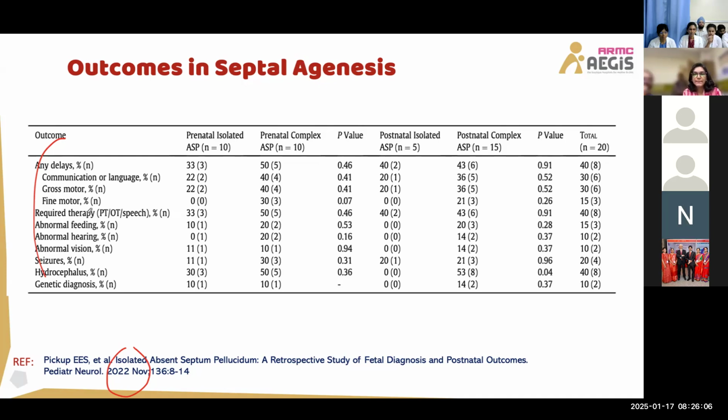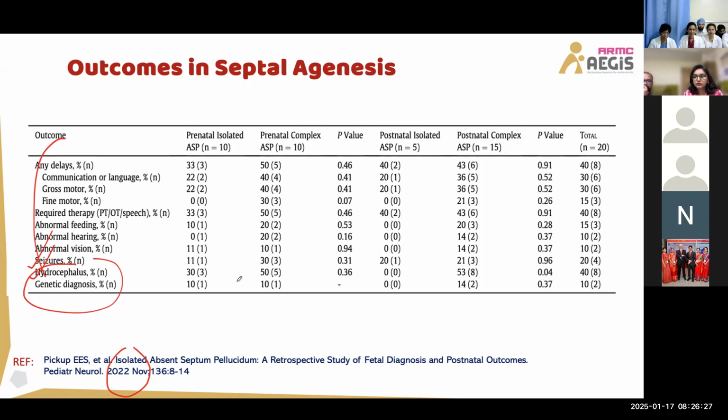Some of these required therapy. Then there were minor issues such as reading, hearing, and vision. Occasionally they are met with seizures, postnatal development of ventriculomegaly, and overall association with genetic abnormalities has been extremely rare. I think this is a very useful table which shows the outcomes.